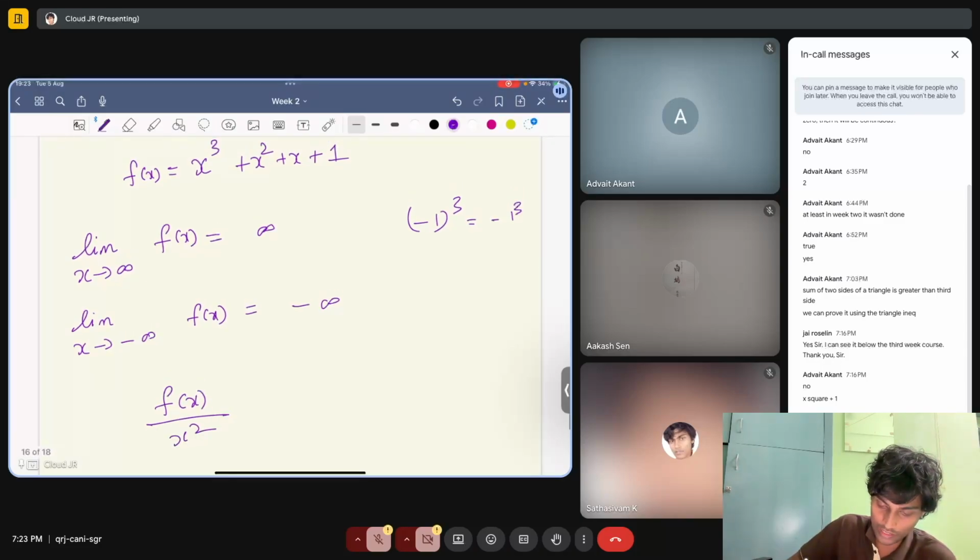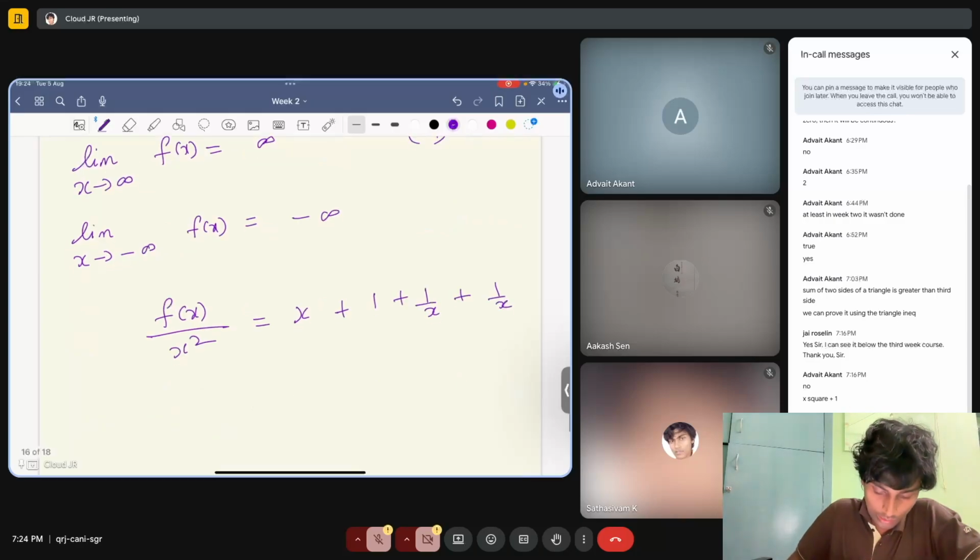So if you divide by x square, what you get is x cube over x square, which is just x, plus 1 by x, no, you will not get anything there. So it's x plus 1 plus 1 by x plus 1 by x square.